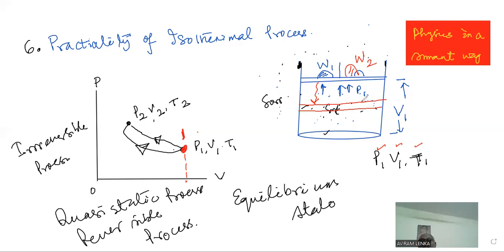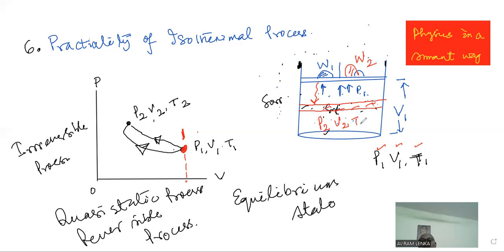But if you allow a long time to pass, the gas finally comes to a state where the pressure is P2, volume is V2, and temperature is T2. Maybe there is some heat or energy exchange through the wall of the container, which we do not want to poke into.